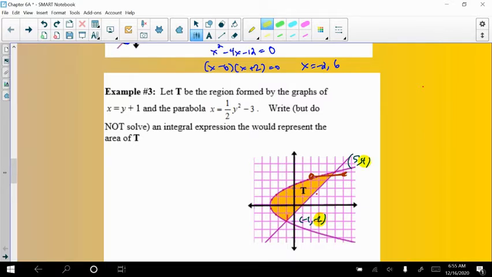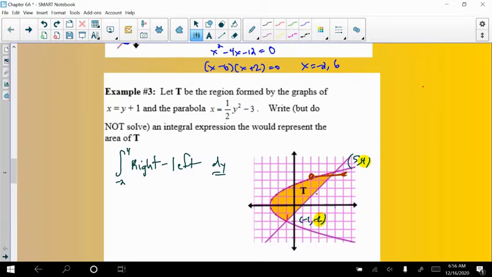And the right one is the linear one and the left one is a quadratic. And it's already x in terms of y, which is perfect, so I need everything in terms of y. Now my integral expression will be from -2 to 4 of the right curve minus the left curve. When you're measuring things horizontally, it's going to be in terms of y.